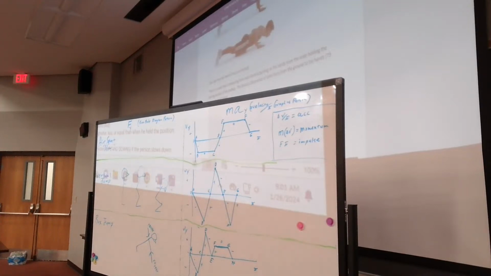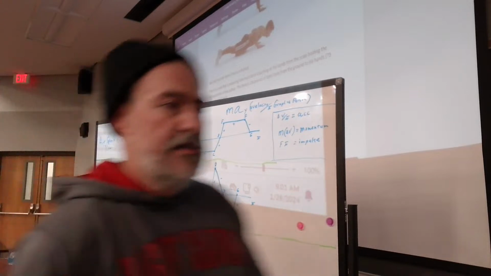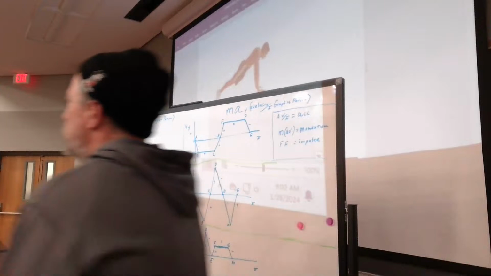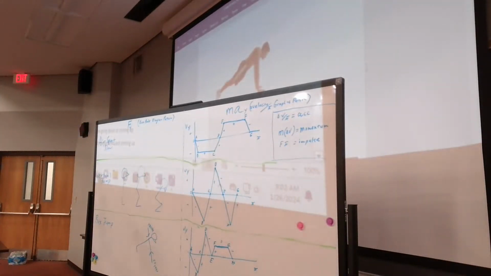So what? What am I going to need for the test? That's a great question. All I'm asking is for us to be able to see on the test something like, okay, guys, you're in a push-up. He's holding that position, constant 0 velocity. What's his acceleration? It's not speeding up or slowing down.